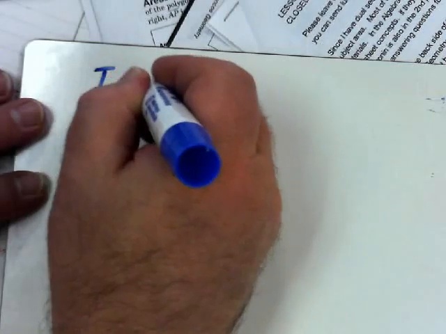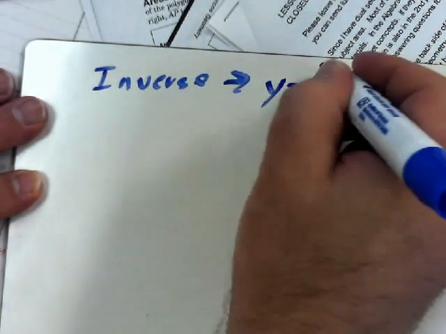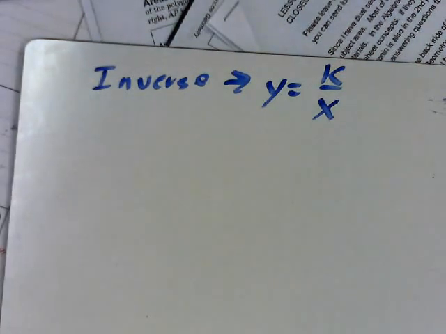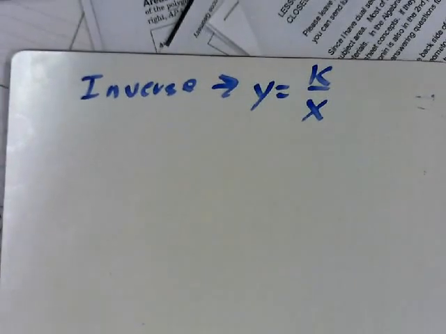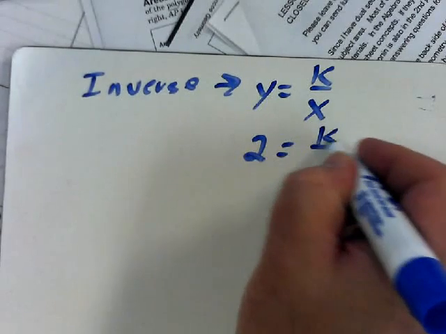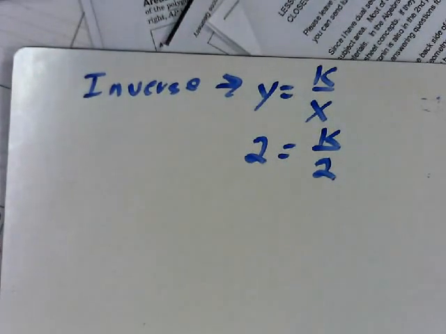What's the general form of an inverse relationship? Y equals k over x. So on number 20, if y varies inversely as x, and y is equal to 2 when x is equal to 2, I have to find my k right now.